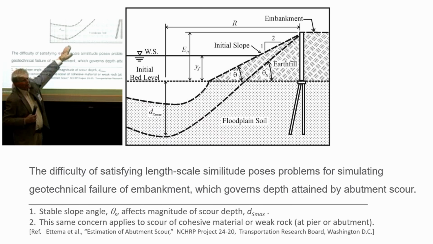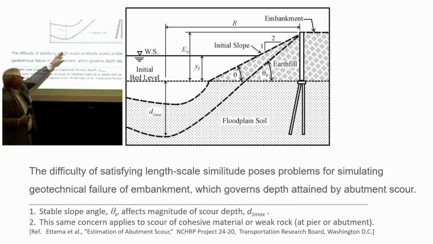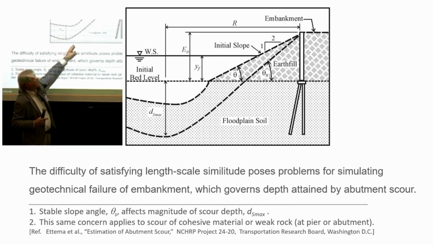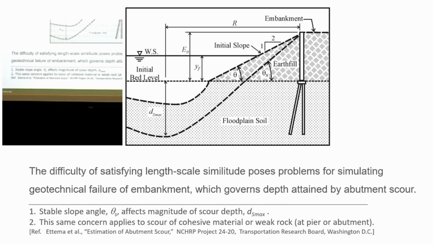You can calculate this scour depth based on the stability of the material forming the structure. It doesn't take much, about an inch and a half, before the slope in a typical lab model becomes unstable, and then you get a failure, which then reduces the velocity. You may destabilize the rock, the armor on the surface, which then causes a little bit more opening of the area, reduces the velocity, reduces the scour.